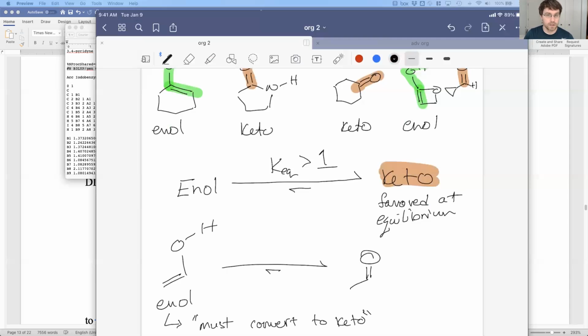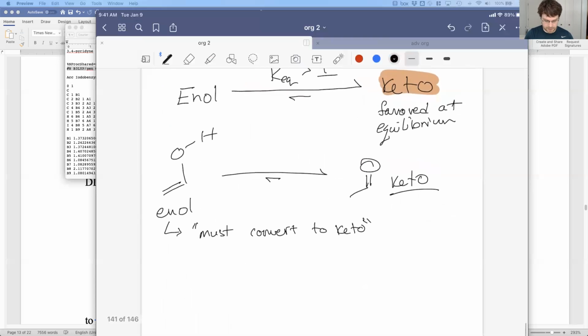Okay? Now, there are a few tricks for converting an enol to a keto that make this easy. We're actually going to save the mechanism for later in the semester. So the mechanism, it turns out, is just related to carbonyls a little bit more closely. So rather, at this point, I just wanted to make it so you guys can just see these things and be like, ooh, I got to convert that to a keto or something.